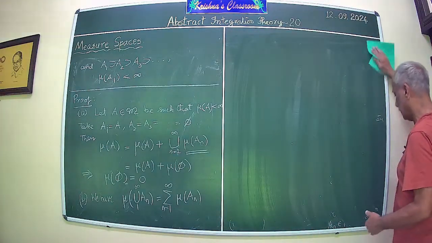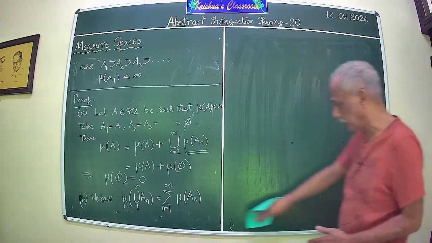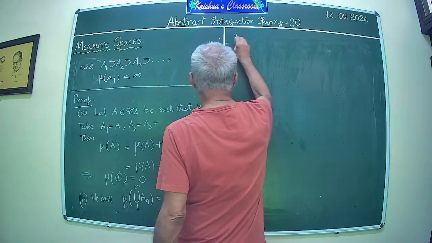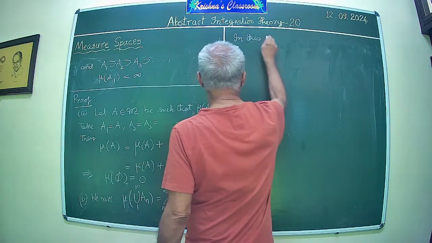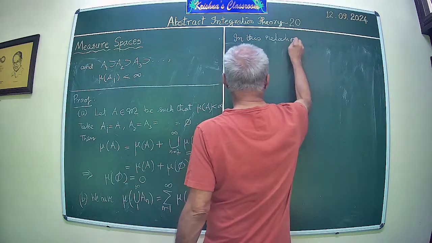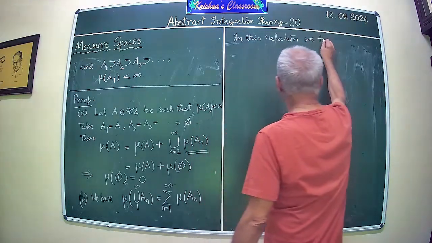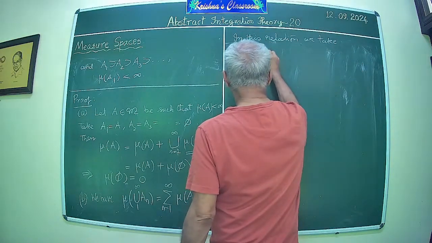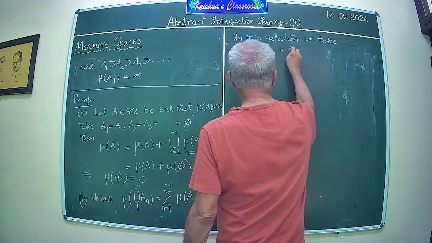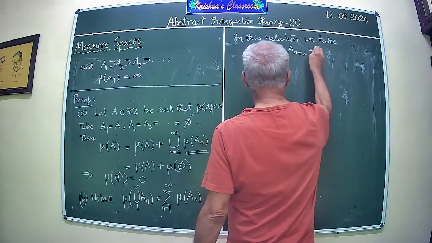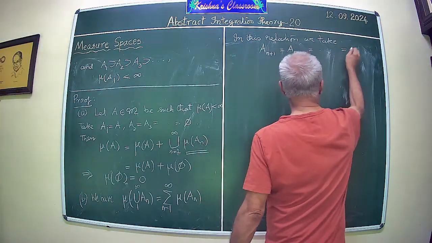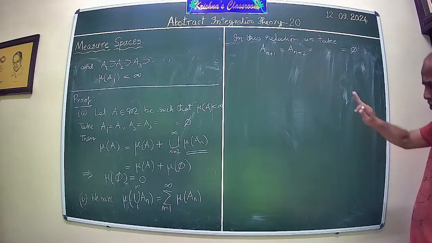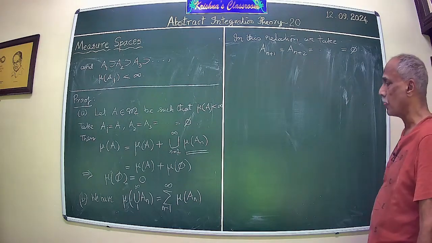What we do is the following. In this relation, A(n+1), A(n+2), etc. are all taken as the empty sets.